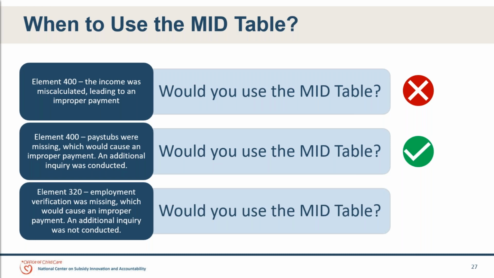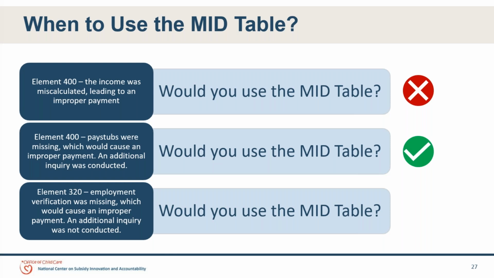One more example, element 320, employment verification was missing, which would cause an improper payment, and additional inquiry was not conducted. Yes, very good. I think everyone is saying yes to that, and that's correct.